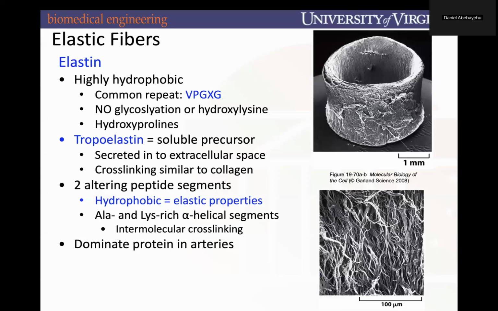When our skin, I'm going to keep going back to skin, when you apply tension to the skin, the ability for your skin to go back to its original shape is mediated by elastin. If there was a defect in elastin, when I pinch my skin, it would stay like that and just fall to the side, and my skin would look like this, for lack of a better phrase. It's also fair to say that, unfortunately, as we age, we lose elastin content.